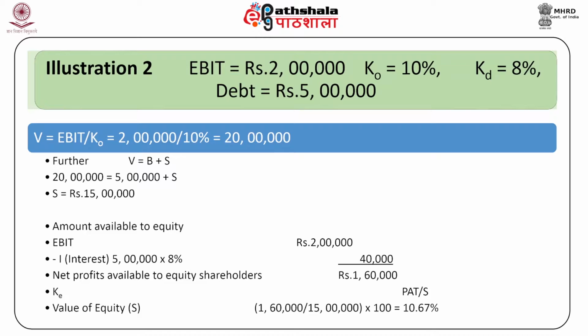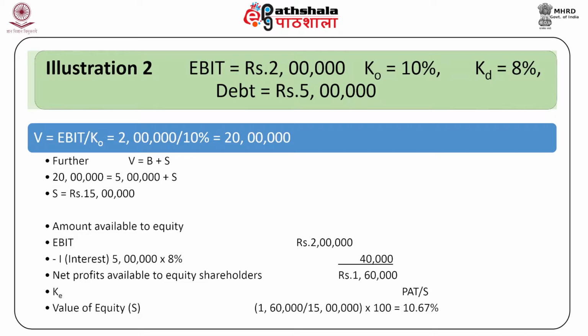Now, amount available to equity shareholders: EBIT is 2 lakhs minus interest on 5 lakhs at 8%, which is 40,000, and net profits available to equity shareholders is 1,60,000.